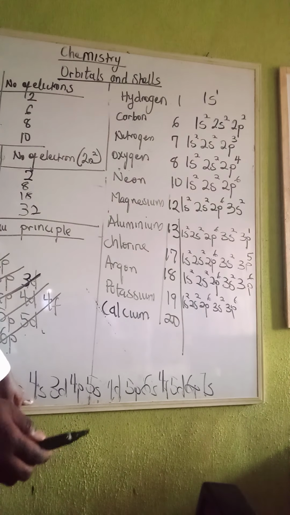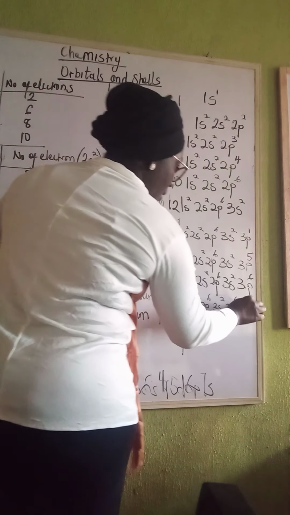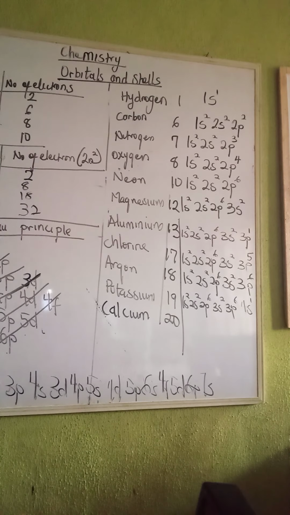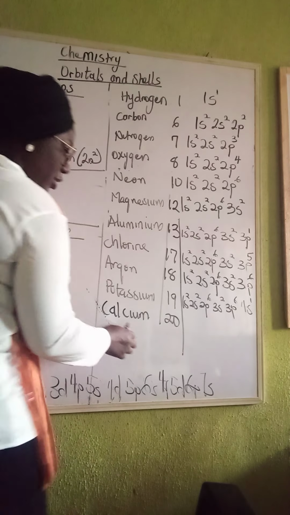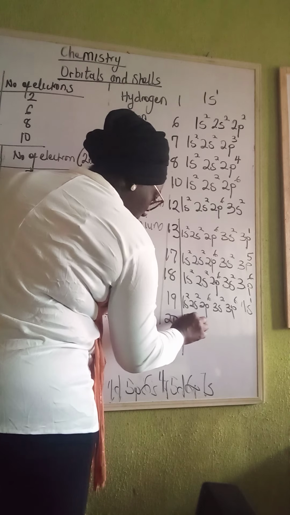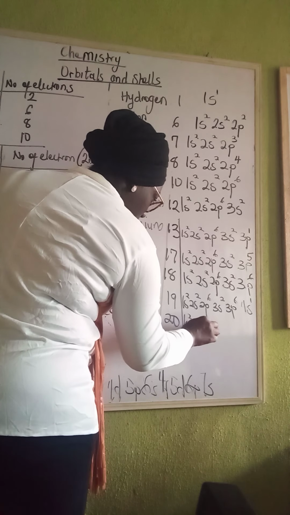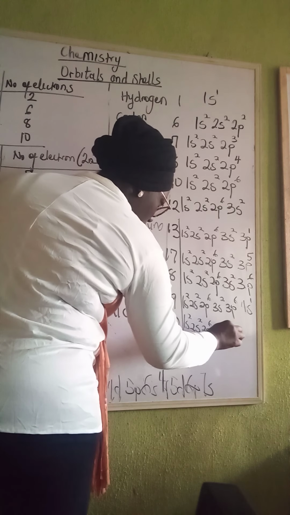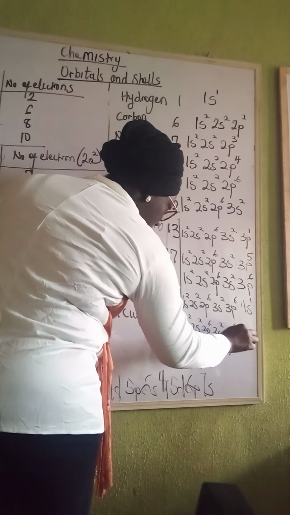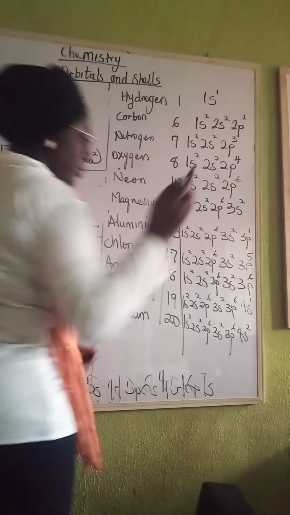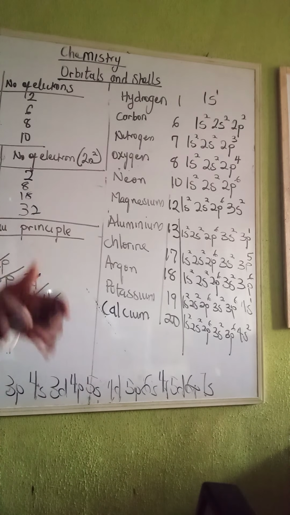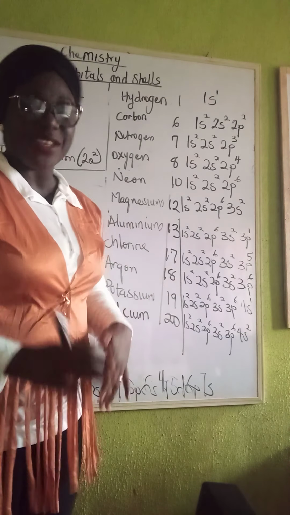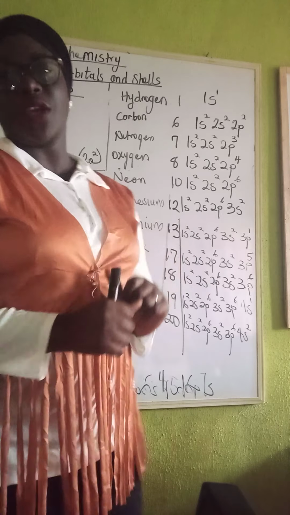According to the Aufbau principle, you move to the next one, which is 4s1. Now let's go to calcium: 1s2, 2s2, 2p6, 3s2, 3p6, 4s2. Good. Now we have successfully and accurately written our electronic configuration.